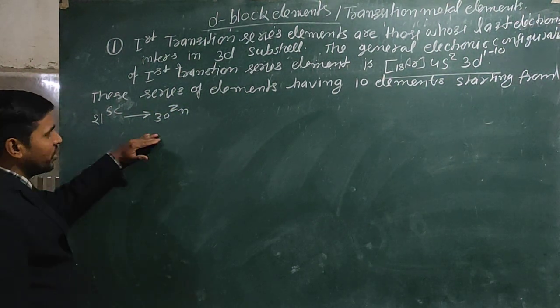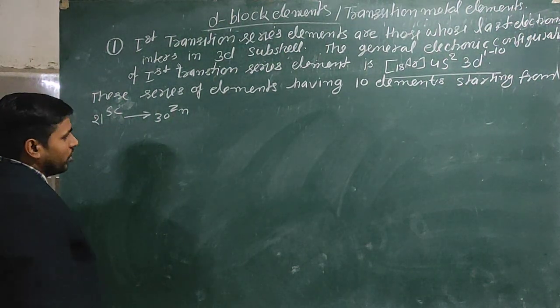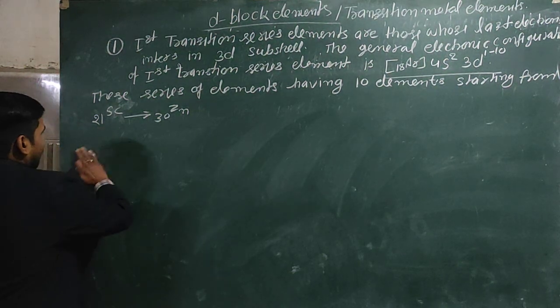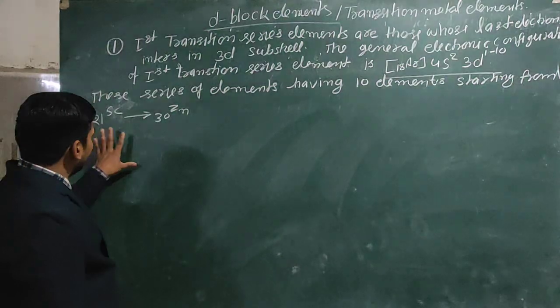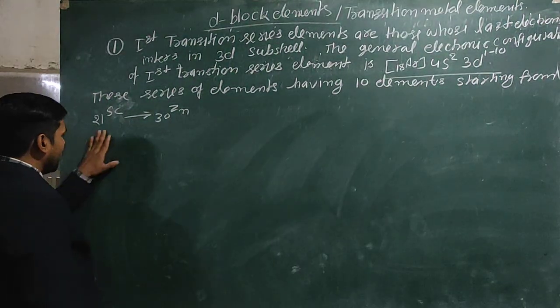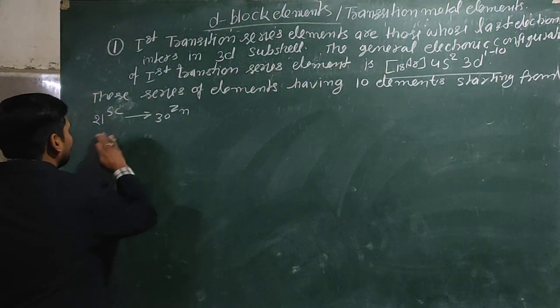There are 10 elements present in the first transition series, and we can easily discuss all properties of the first transition series elements according to this classification.